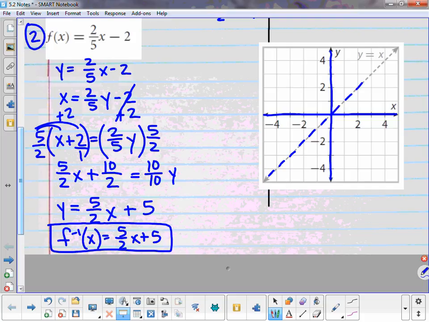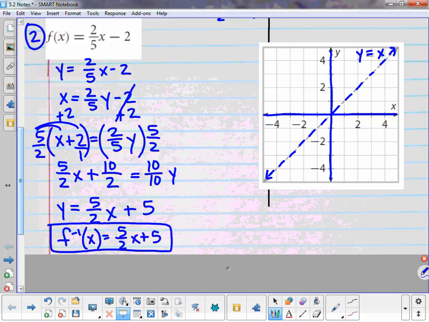That is actually the line of y equals x. And why that's the line y equals x is because for any point along that line, the x value and the y value would be the same thing.